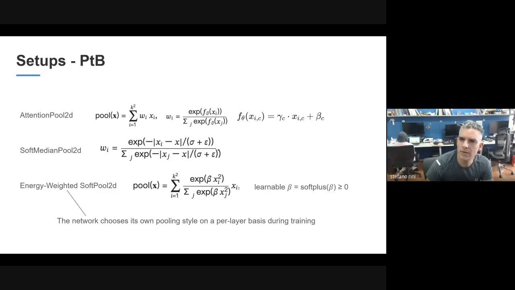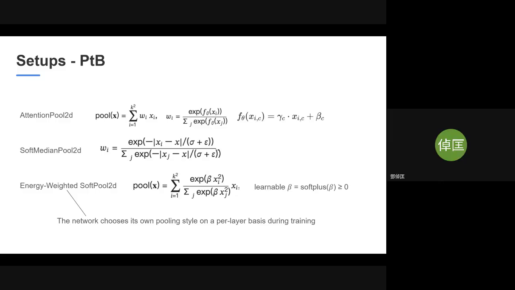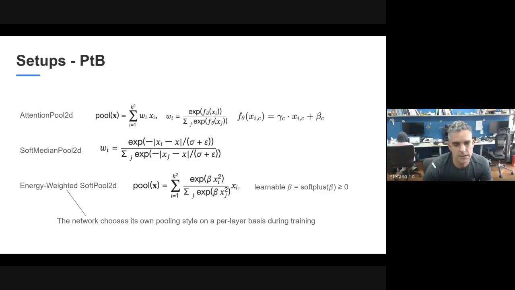Do you know why you call it soft median? It looks more like the mean kind of when I look at it. Yeah, exactly right.